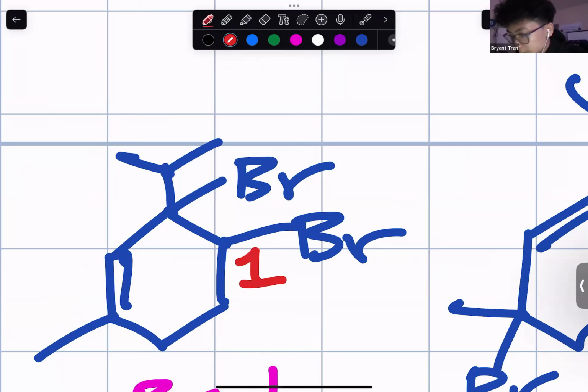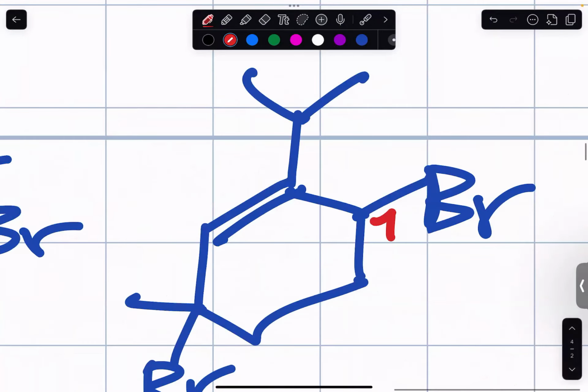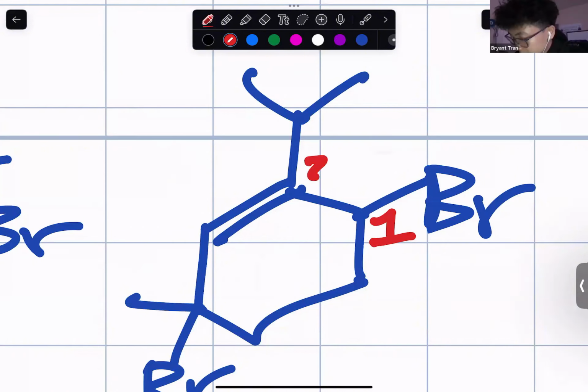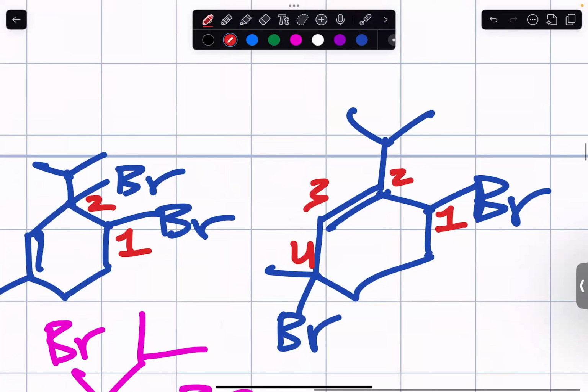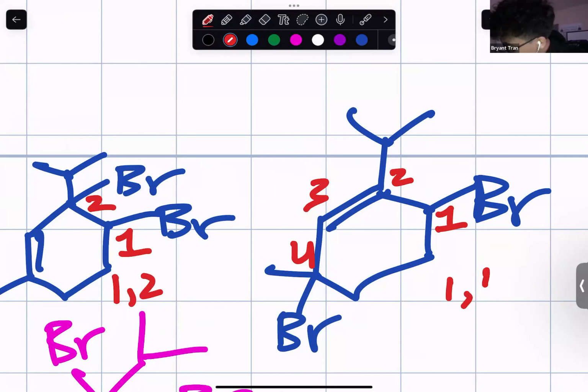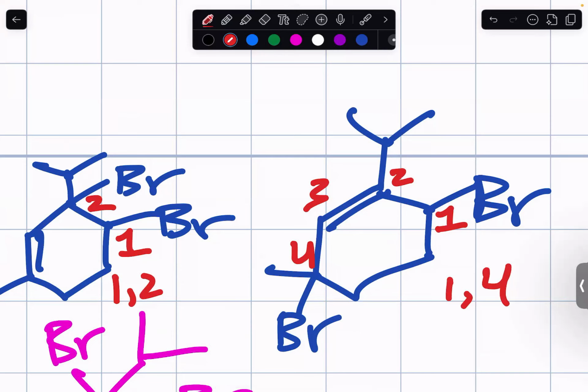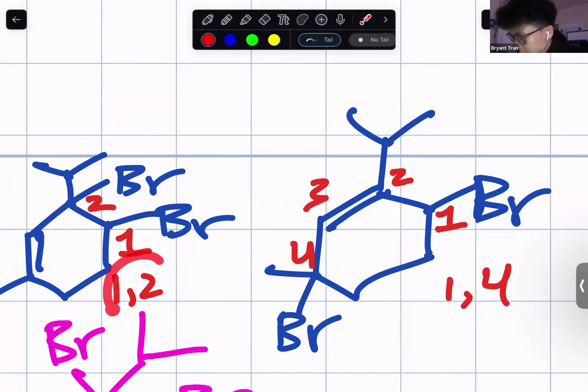If you count how many carbons it takes to get to the other bromine, that's 1-2. So that's 1-2 addition. This is the first bromine that you added on. If you count 1, 2, 3, 4, that's 1-4 addition. 1-2 addition, 1-4 addition. So 1-2 is kinetic, 1-4 is thermo.